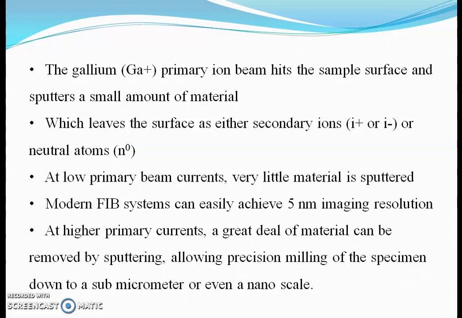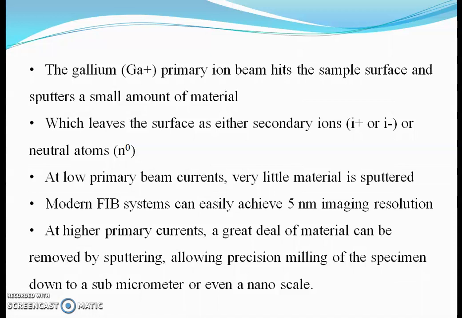When a low primary beam current is passed, a very low amount of material is removed. When we increase the energy, a higher amount of material is removed, which is called sputtering of a larger amount of material. A FIB system can easily achieve 5 nanometer imaging resolution.